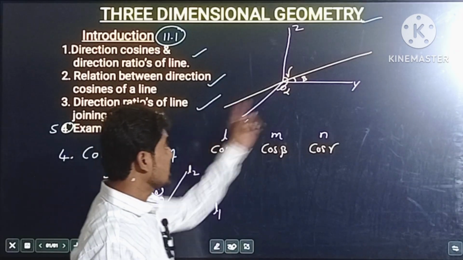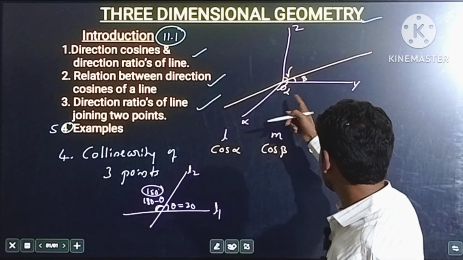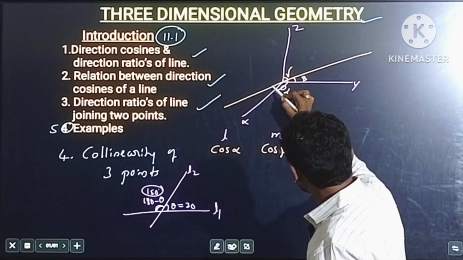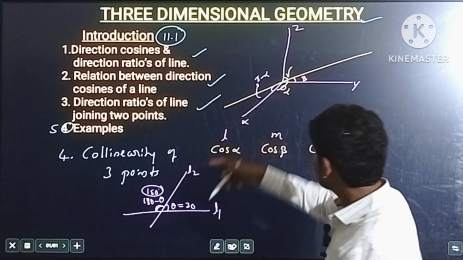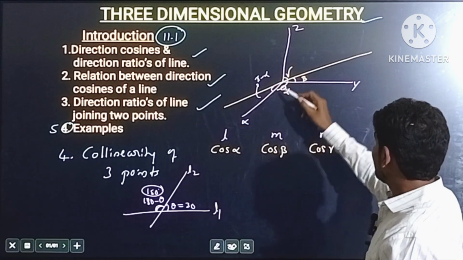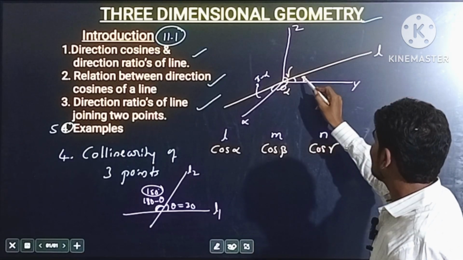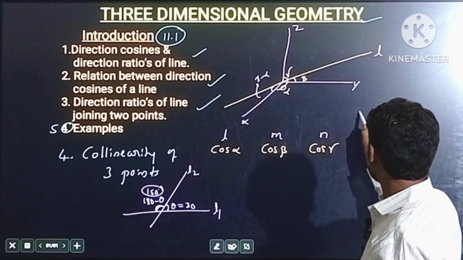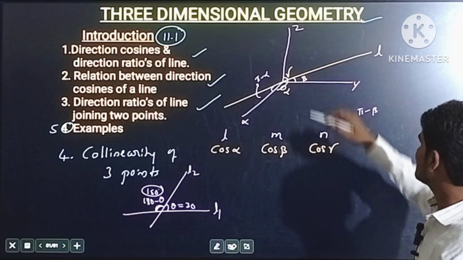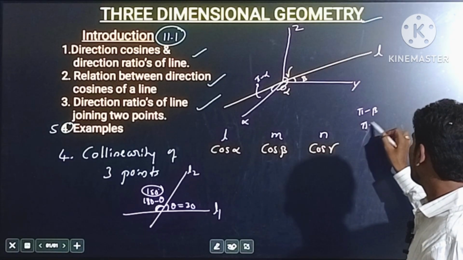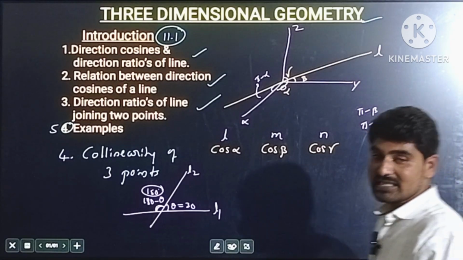Therefore the line makes angle alpha and also pi minus alpha with the x-axis, and the same line L makes angle beta and pi minus beta with the y-axis, and similarly gamma and pi minus gamma with the z-axis.